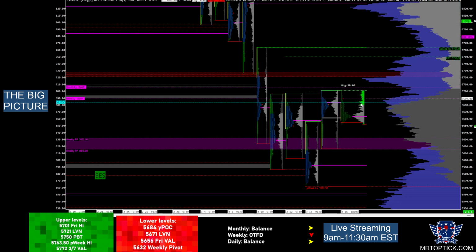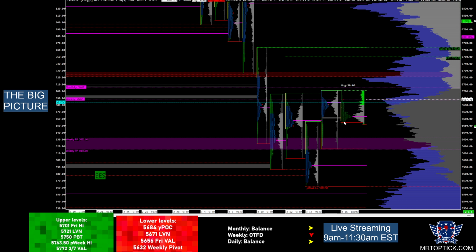Now, if we cannot break above this low volume area and then come down here, I'm gonna be looking for an overnight low to break, and then go with that break. But here we have the weekly pivot and an area where we're having trouble holding below.